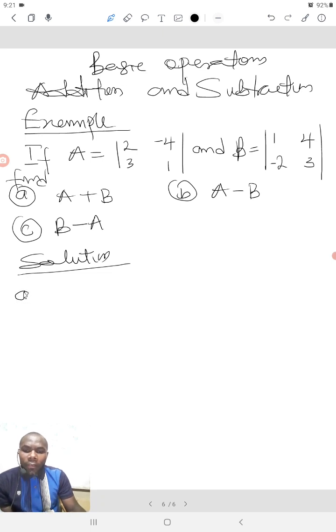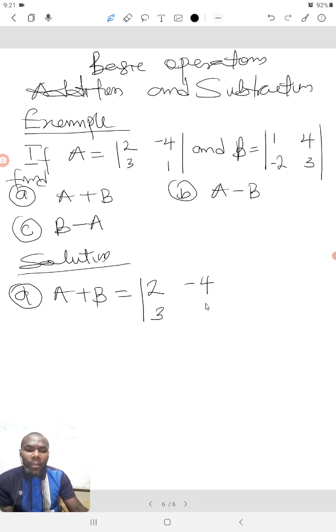So to find A plus B, it's a very simple logic. The only thing you do is rewrite A, 2, minus 4, 3, 1, plus 1, 4, minus 2, 3.